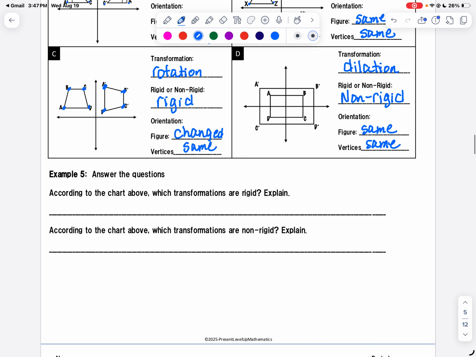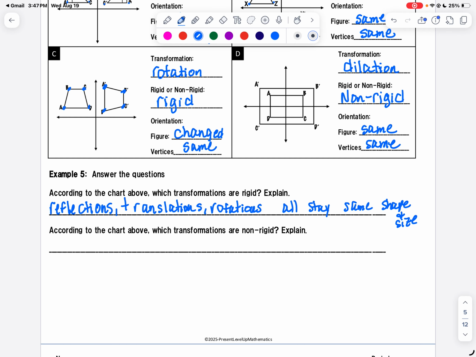So we could say that reflections, translations, and rotations all stay the same shape and size. So our only transformations which are rigid are reflections, translations, and rotations.